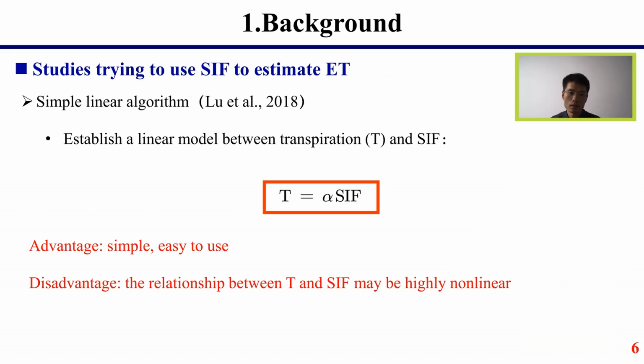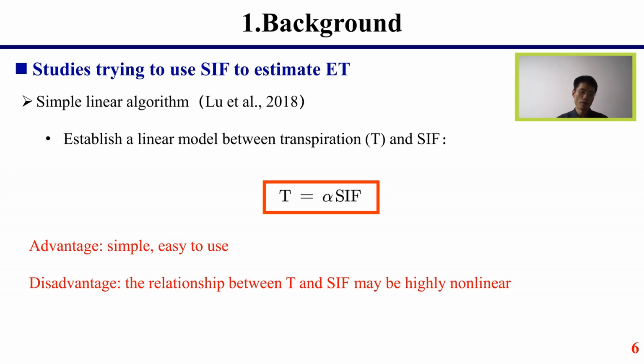When we did the literature review, we found some studies have already used SIF to estimate evapotranspiration. Like in this model in 2018, they used a very simple linear equation to describe the relationship between transpiration and SIF. There is just one parameter, alpha.